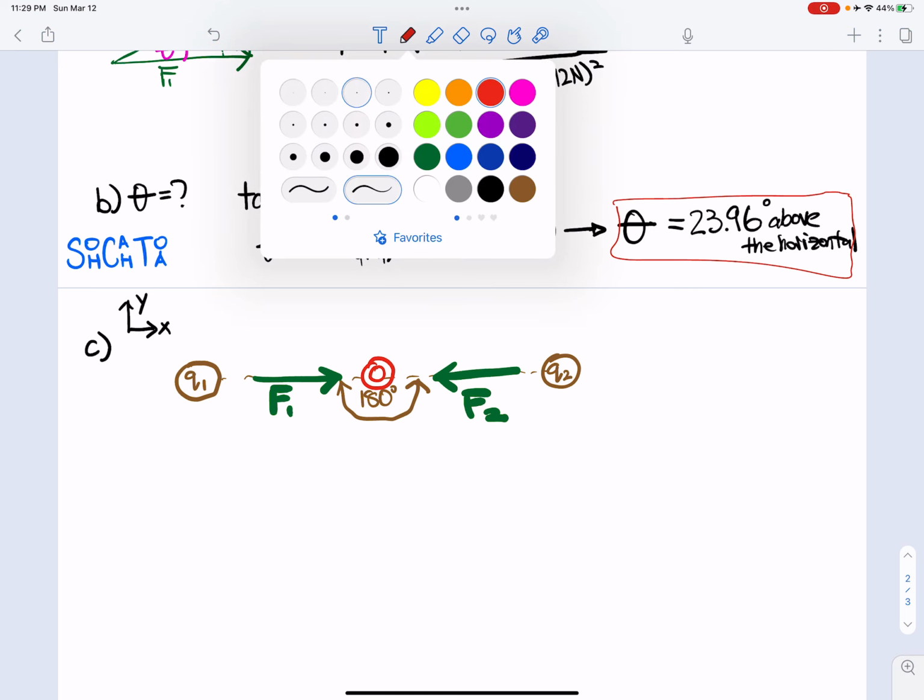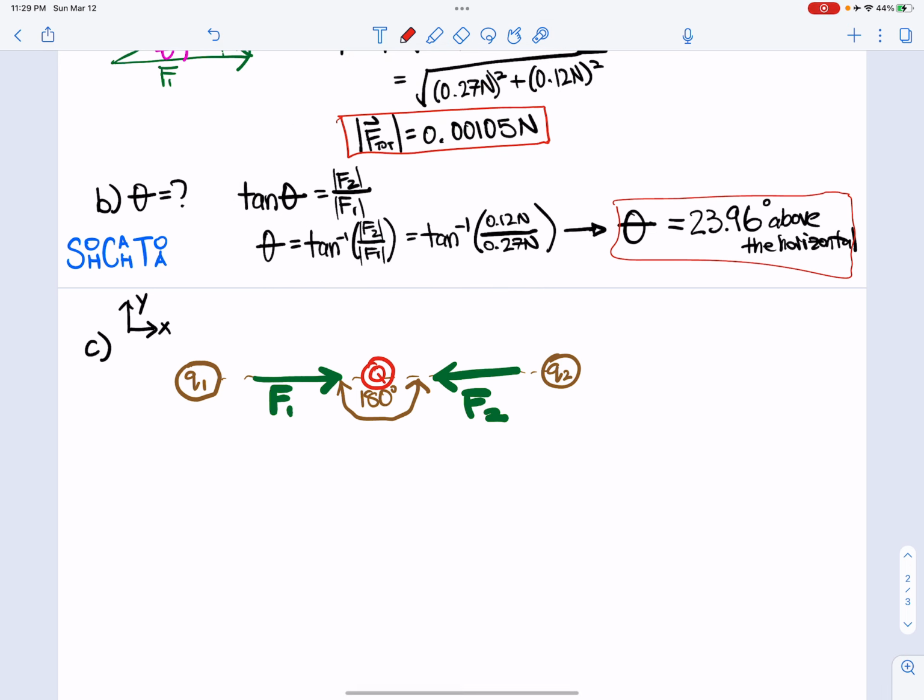The charge of Q1 is not equal to the charge of Q2. I believe the charge of Q1 was equal to 3 times 10 to the minus 6 coulombs, and Q2 was 2 times 10 to the minus 6 coulombs.